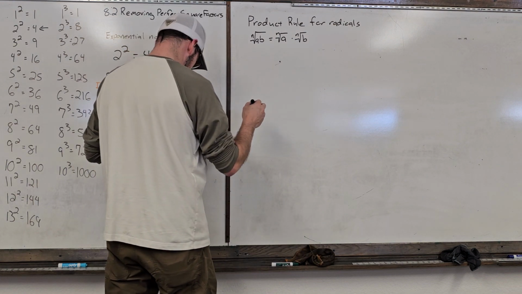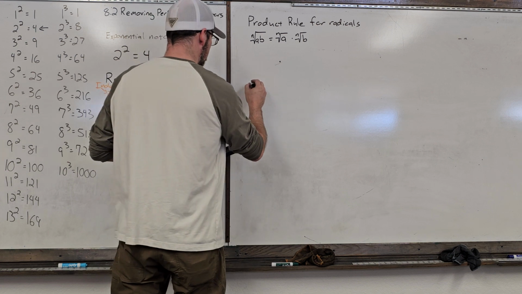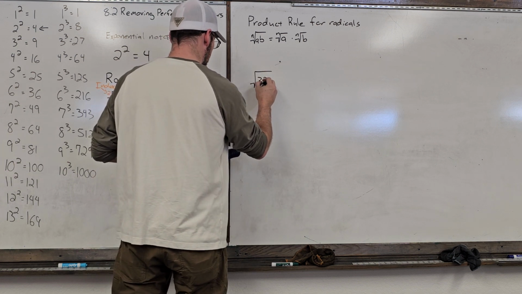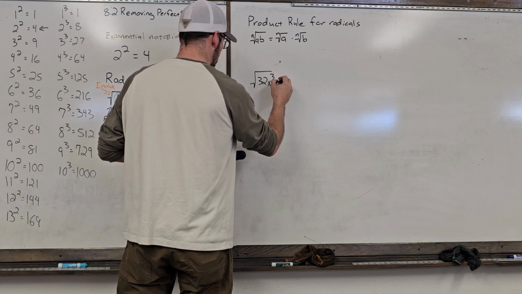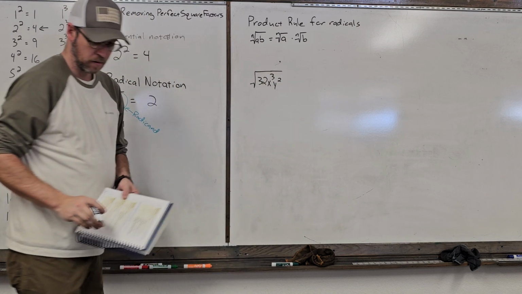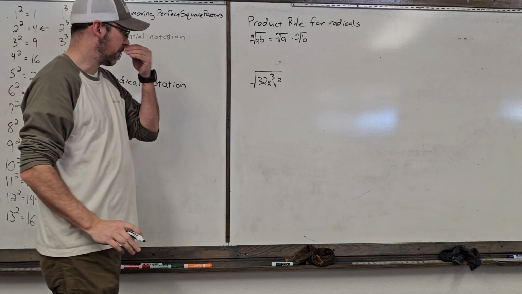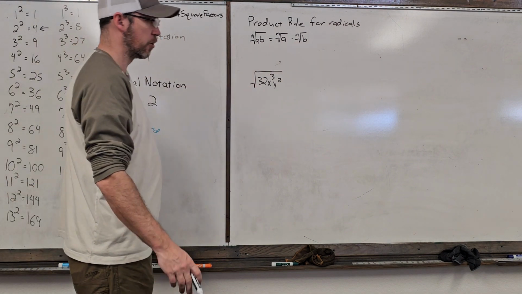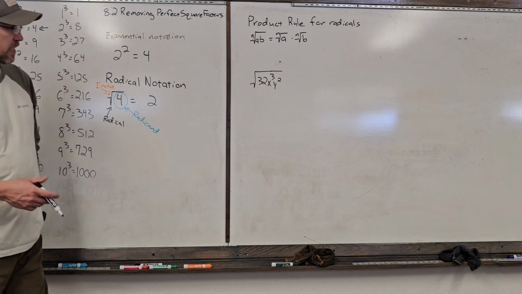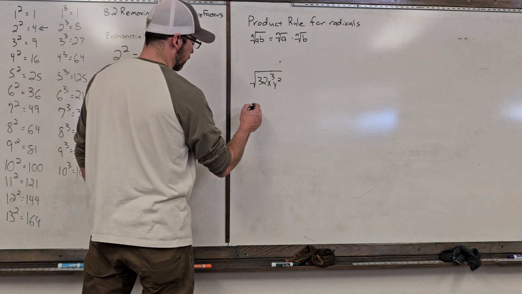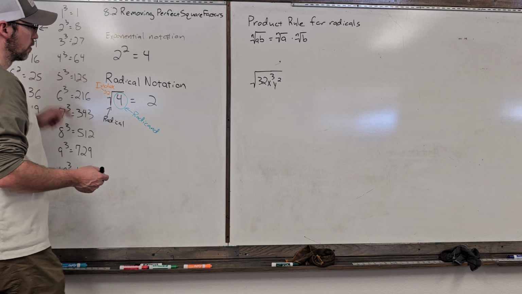Let's say we've got, let's do the square root of 32 x cubed y squared. The factors of 32, we talked about those earlier. We know that it's 4 and 8, 16 and 2. 16 is a perfect square, so I can pull it out.